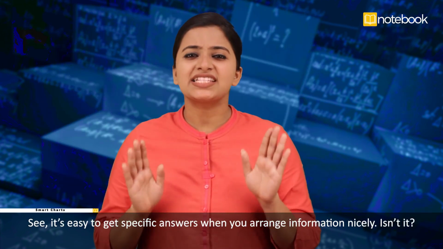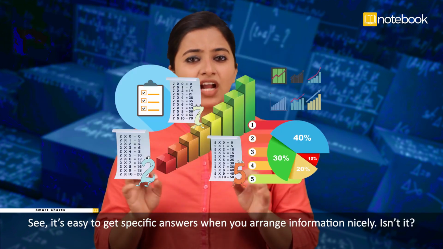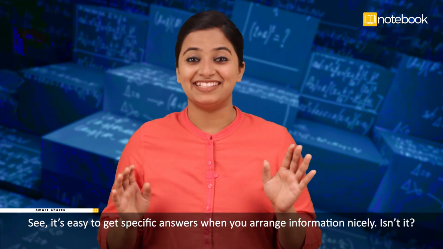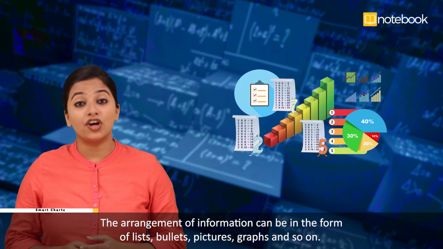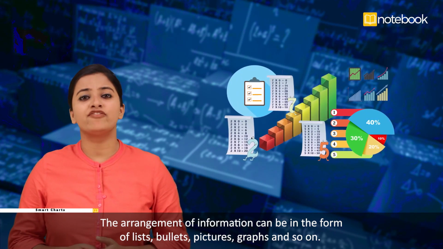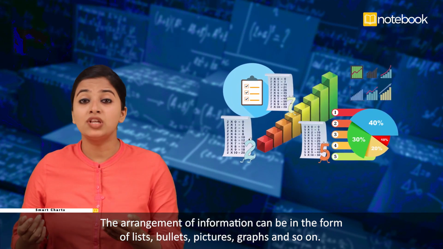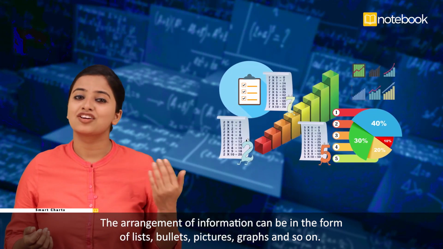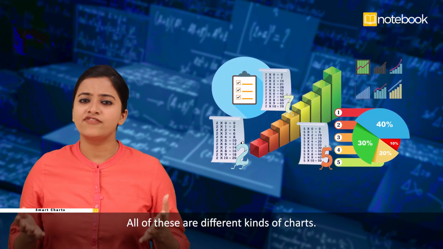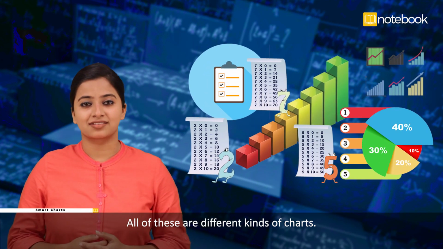See, it's easy to get specific answers when you arrange information nicely, isn't it? The arrangement of information can be in the form of lists, bullets, pictures, graphs, and so on. All of these are different kinds of charts.